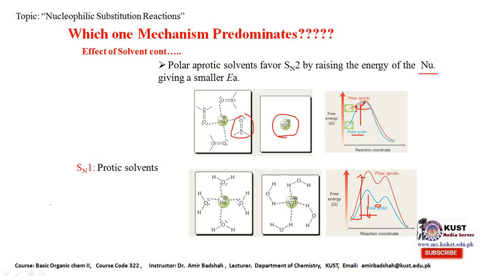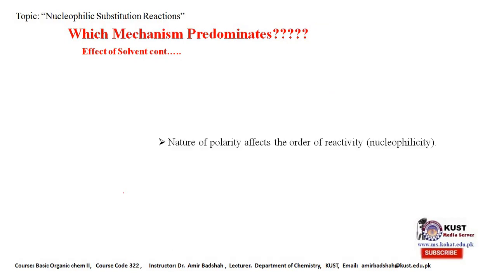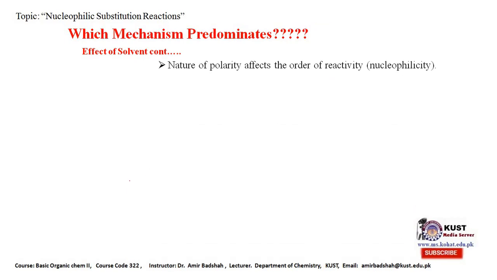So when we use a protic solvent, it will favor the SN1 mechanism. The nature of the polarity can also affect the order of reactivity, and that phenomenon is called nucleophilicity, which we will discuss in detail in the coming lecture.